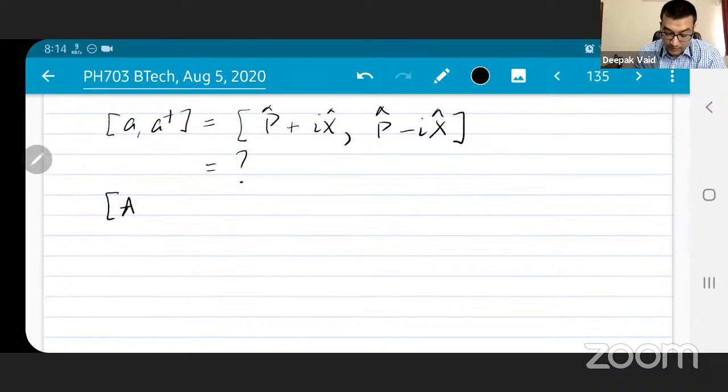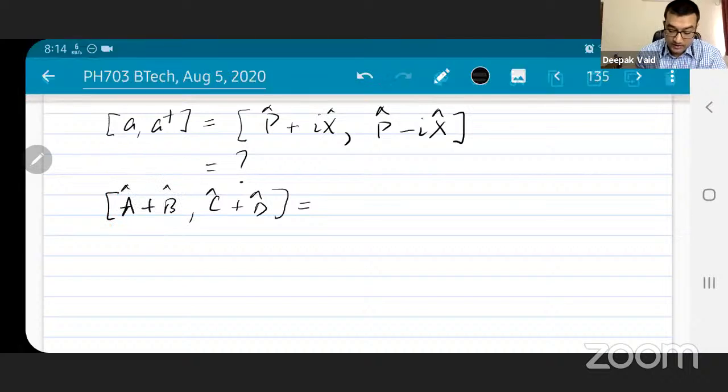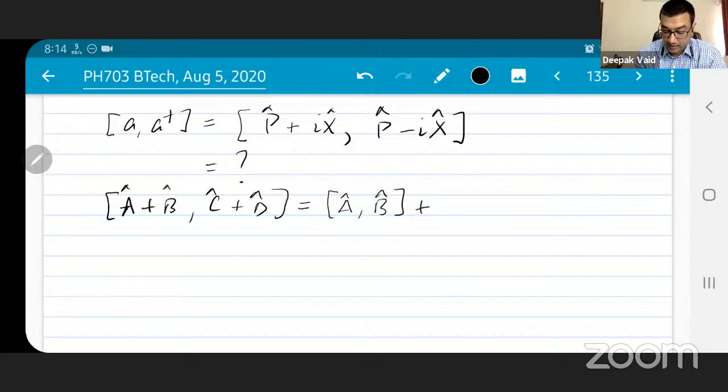If you have some A plus B and C plus D, how do you find the commutator? The commutator is the product of this times this minus the other one, right? So you will just get the commutators of AC plus BD and so on. The commutator is a linear operator.